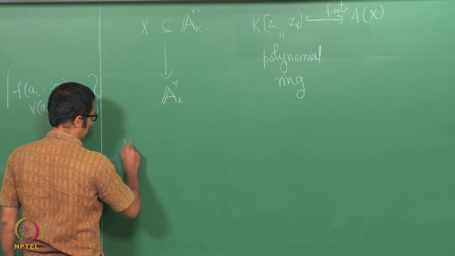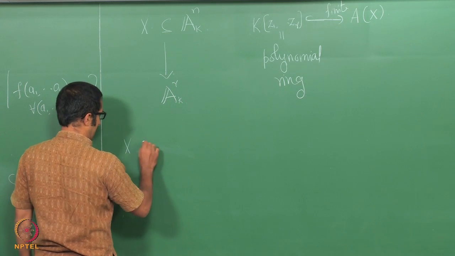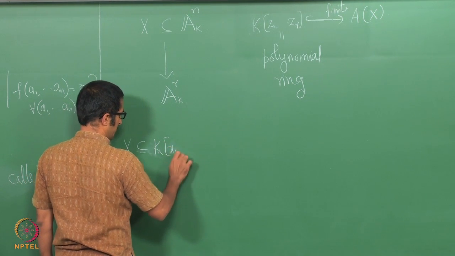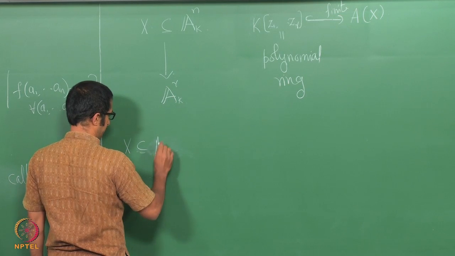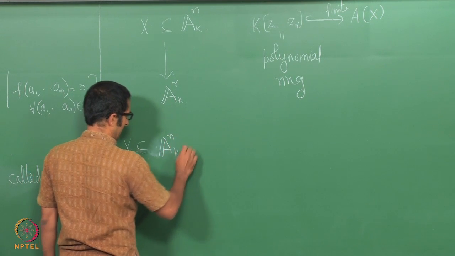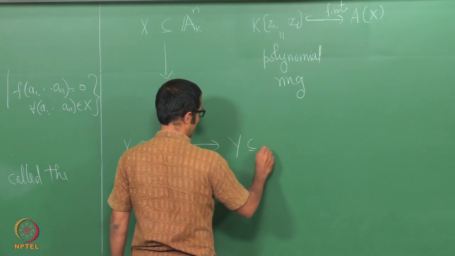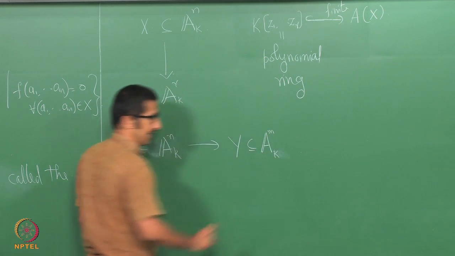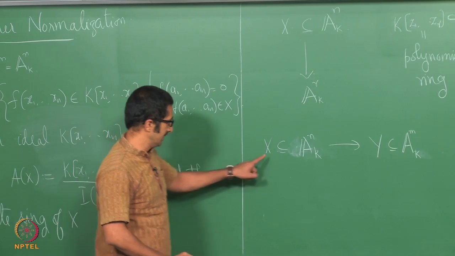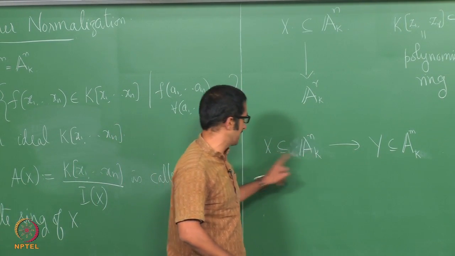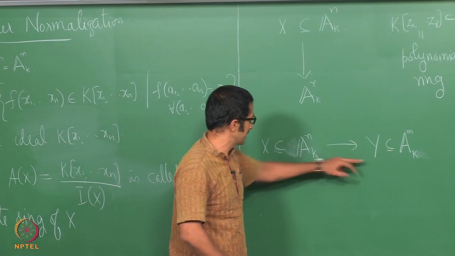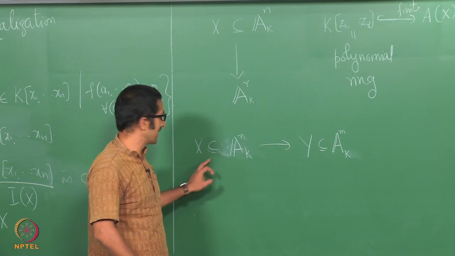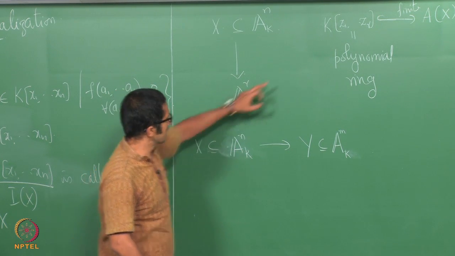So, if I have a map from X in A^n_K to Y in A^m_K, a morphism like this, then correspondingly I have a map between the coordinate rings of Y and X. That is what we have here.